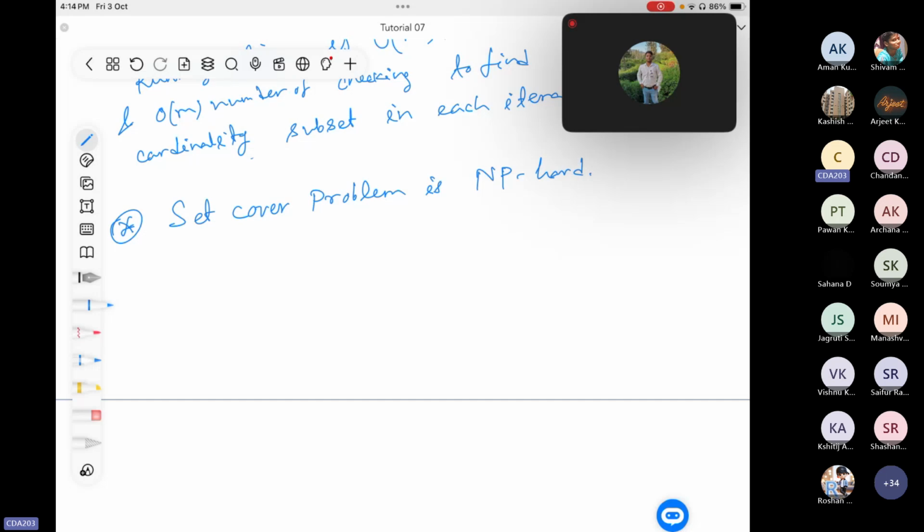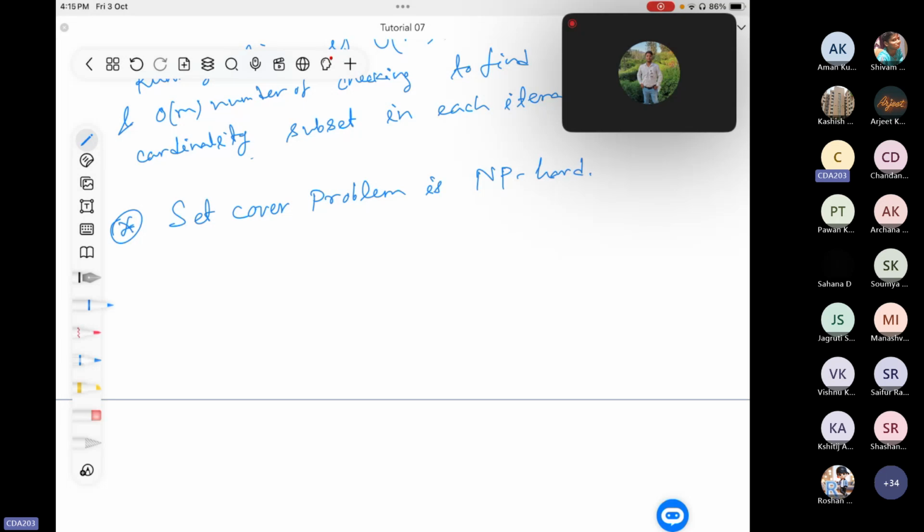I think set cover also has applications in some data sets. First of all, this is actually a covering problem.